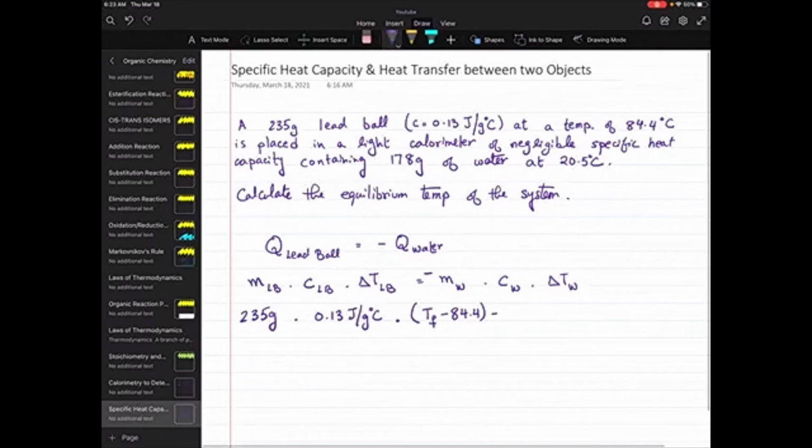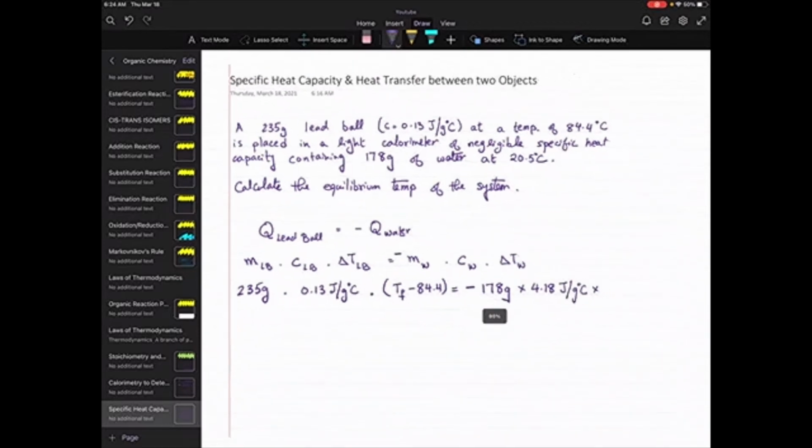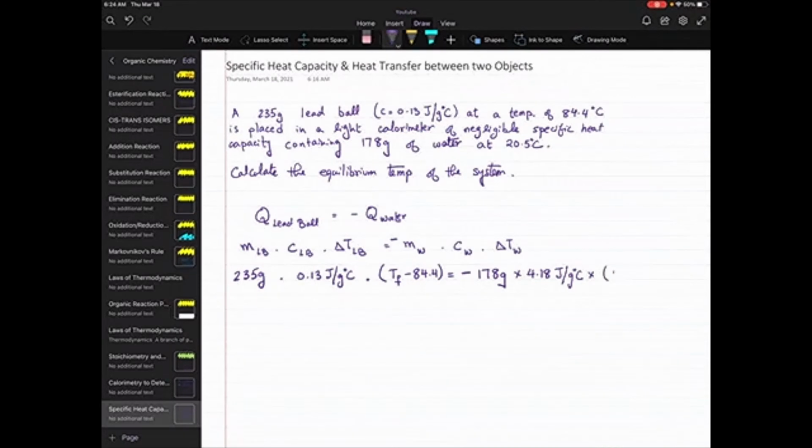We have that is equal to a negative, the negative sign there, mass of the water, which is 178 grams, times the specific heat capacity of water, which is 4.18 joules per gram degrees Celsius, times the change in temperature of the water, which is TF minus 20.5 degrees Celsius.